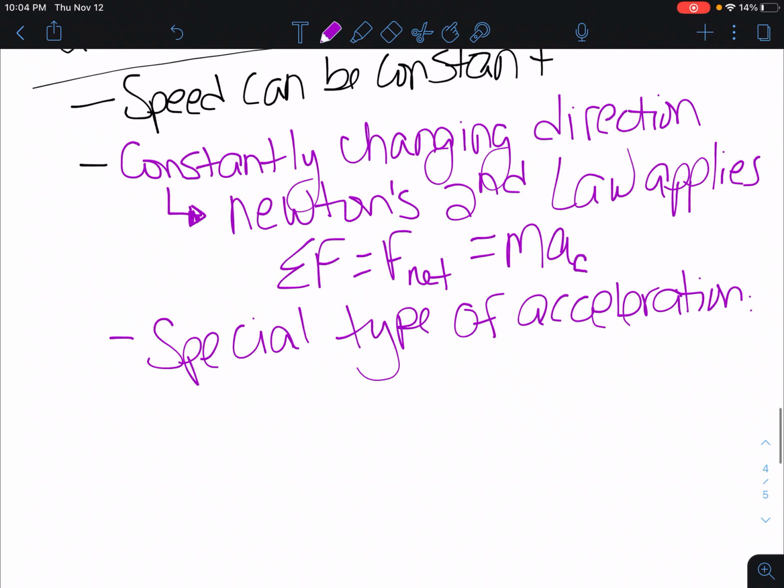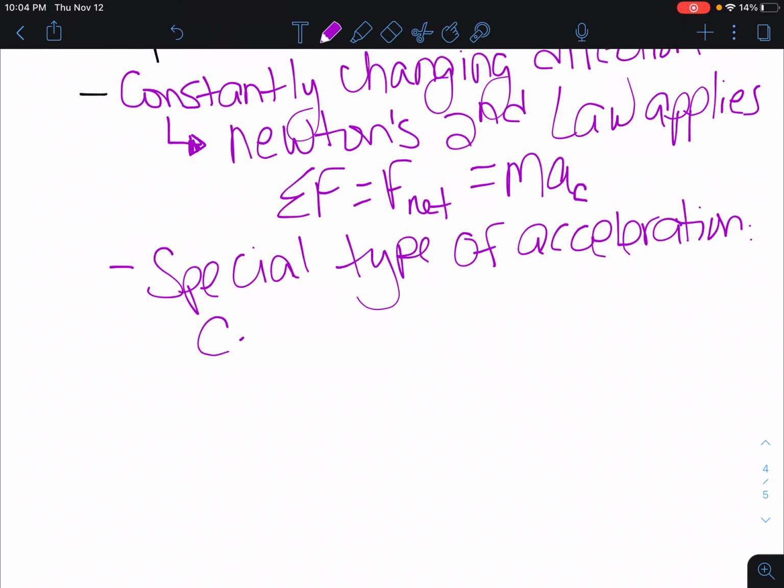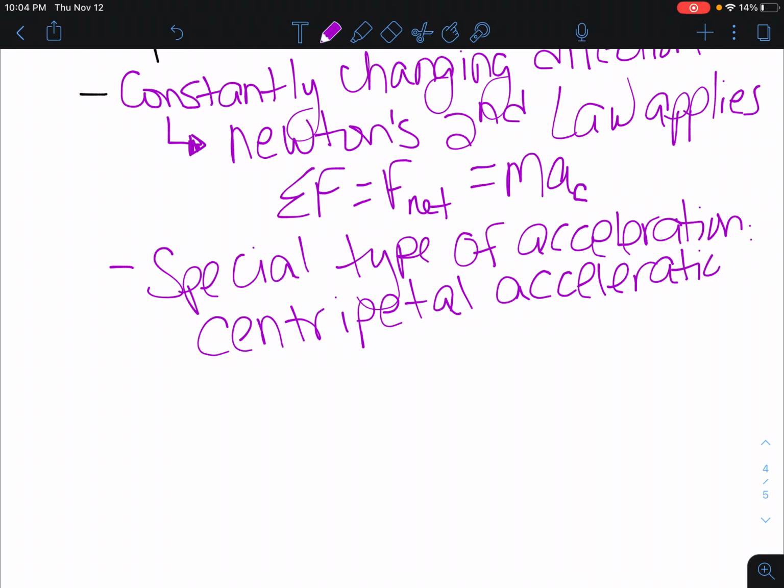And we call that acceleration centripetal acceleration, or a with the subscript c. Okay, so a for acceleration, c for centripetal. All right, centripetal is a fancy name for center seeking.